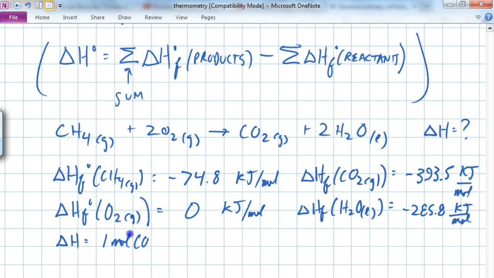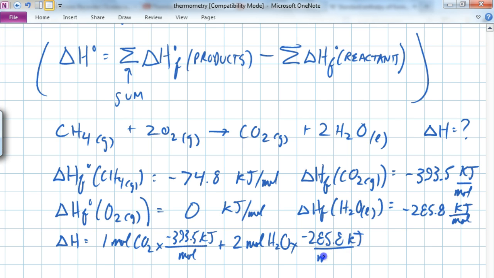So I've got 1 mole of CO2 times, notice I'm multiplying by the moles here, negative 393.5 kilojoules per mole, plus, because I'm summing up the products, 2 moles H2O times negative 285.8 kilojoules per mole, and then I'm going to subtract the heat of formation for methane.